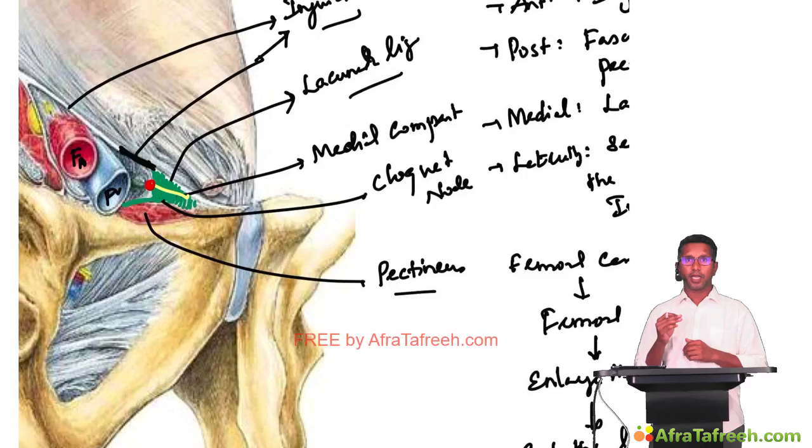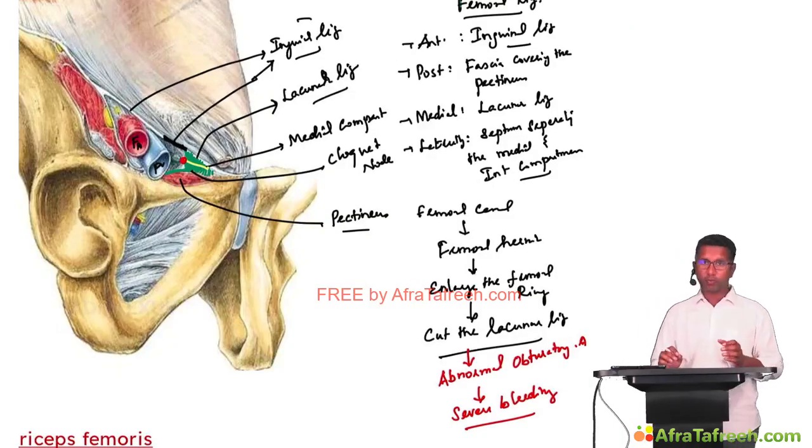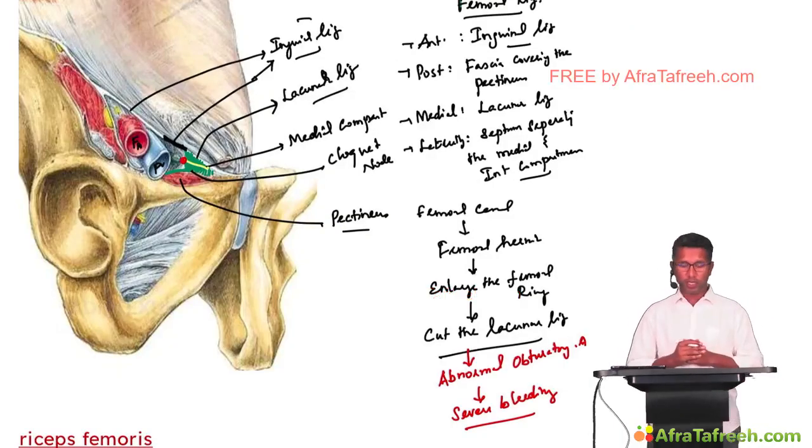So when you are going to reduce the femoral hernia, you are going to cut the lacunar ligament. Sometimes an abnormal obturator artery can run on the lateral border of the lacunar ligament. So when you cut the lacunar ligament, you can inadvertently cut it, and it can result in profuse bleeding. So that is what we saw. We were discussing the femoral ring and the femoral hernia.